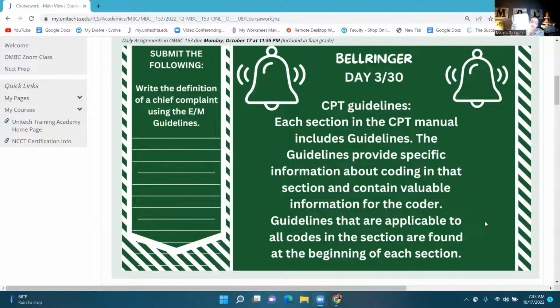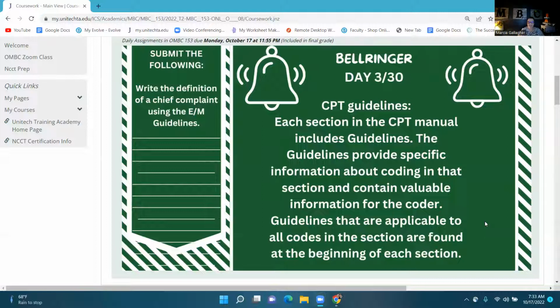These are surgery guidelines, and they're on page 88. We're not doing surgery yet, but that's just the first set of guidelines. E&M has guidelines starting on page 5. So these guidelines are set up to help you understand how to code that section.